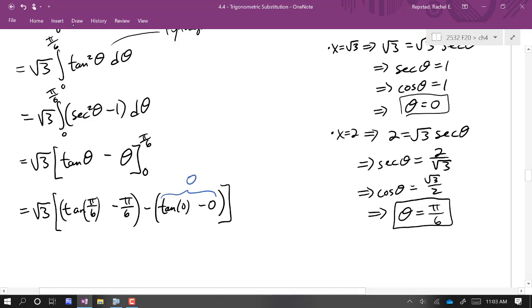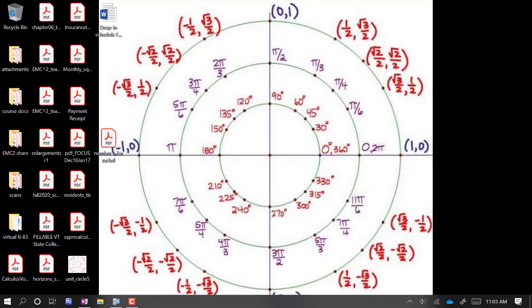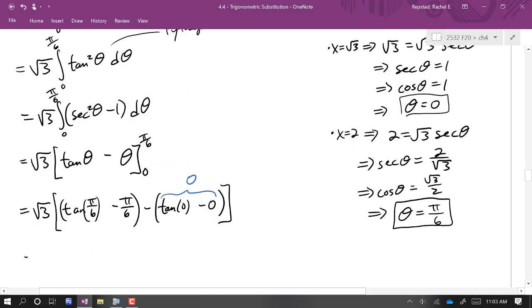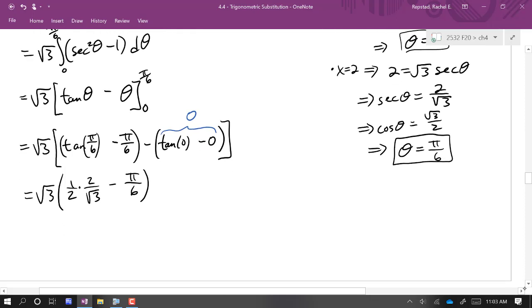Tangent of pi over 6. Tangent is sine over cosine, and if I look at pi over 6, sine is 1/2. Cosine is root 3 over 2. So when you divide, you get 1/2 times 2 over root 3 minus pi over 6. You can cancel that common factor of 2 here.